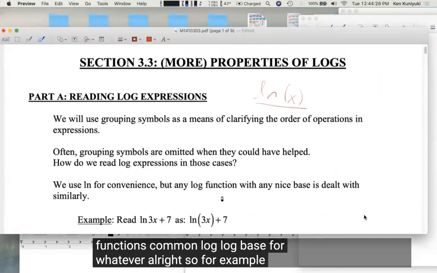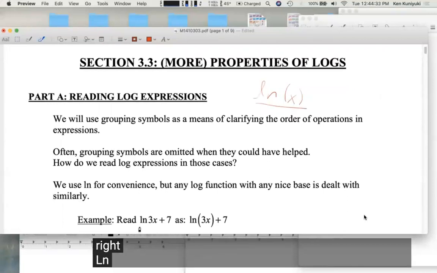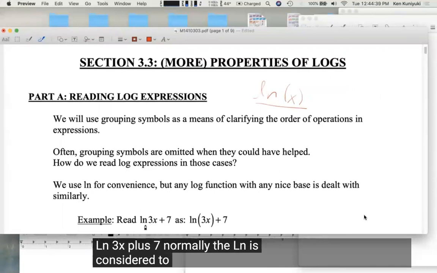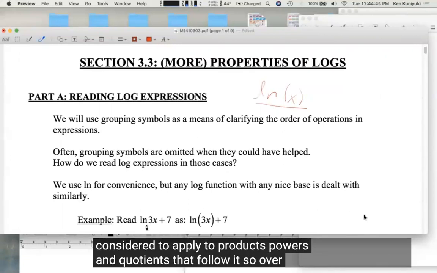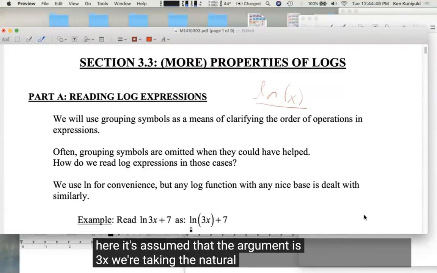So for example, if you see something like this in a book, ln 3x plus 7. Normally, the ln is considered to apply to products, powers, and quotients that follow it. So over here, it's assumed that the argument is 3x. We're taking the natural log of 3x.